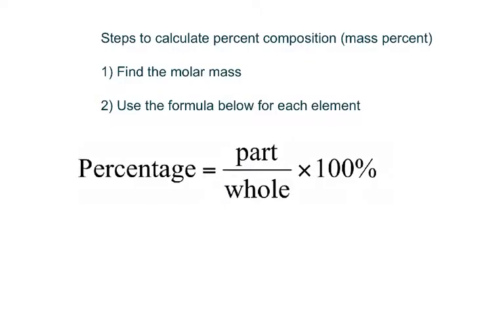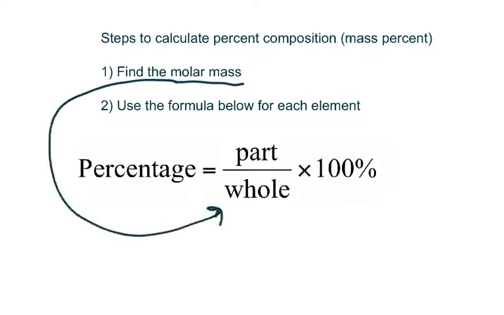So how do we find percent composition, also known as mass percent? The first thing you're going to do is find the molar mass, which we saw in a previous video. Once the molar mass is found, we're going to use the formula below to obtain the percent composition of each element. The molar mass will be the denominator of the formula below.